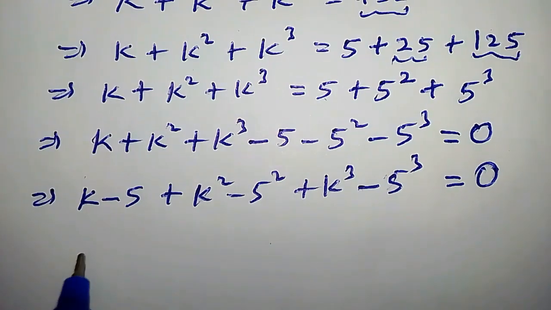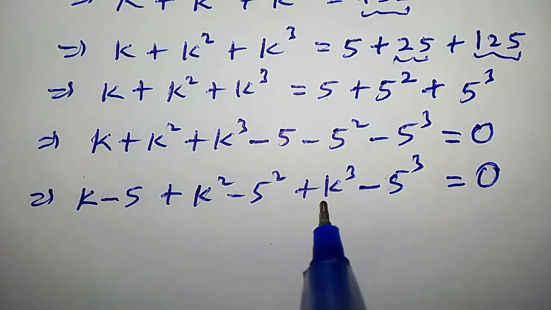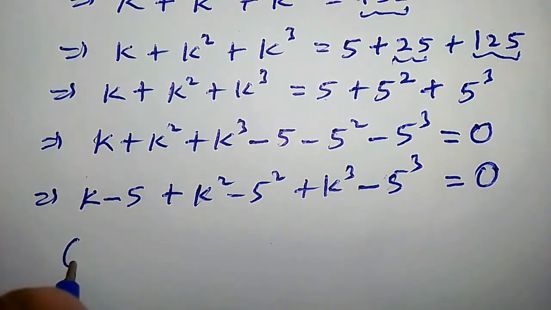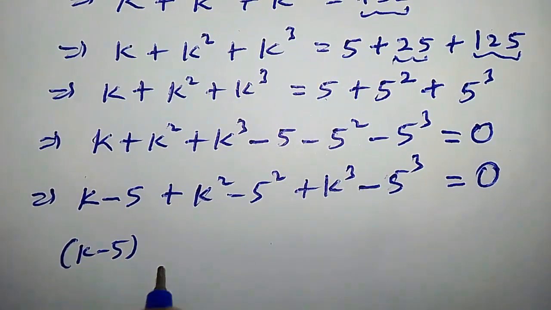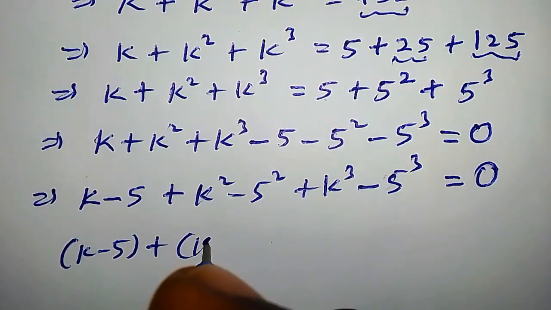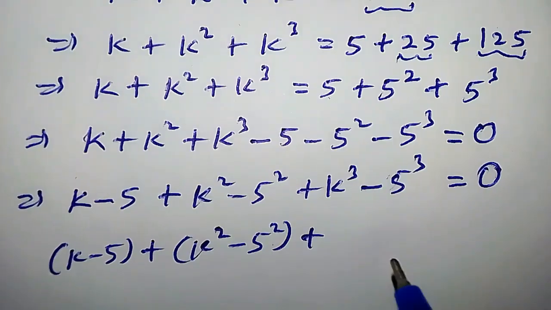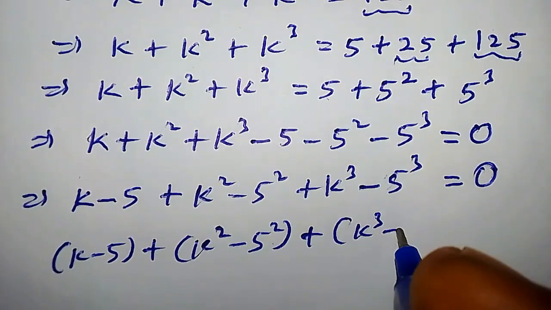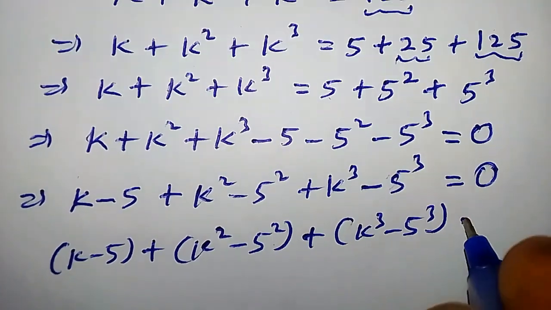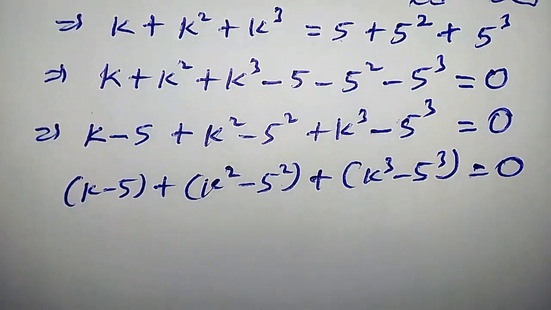It is possible to put these in brackets, so that will be k minus 5 in bracket plus k square minus 5 to the power of 2 in brackets plus k to the power of 3 minus 5 to the power of 3 also in bracket equal to 0. Let's continue.